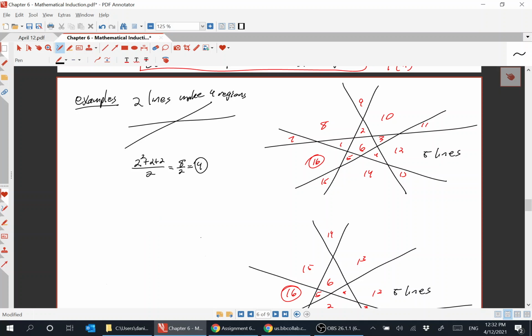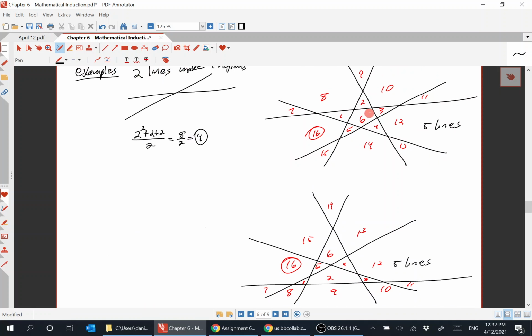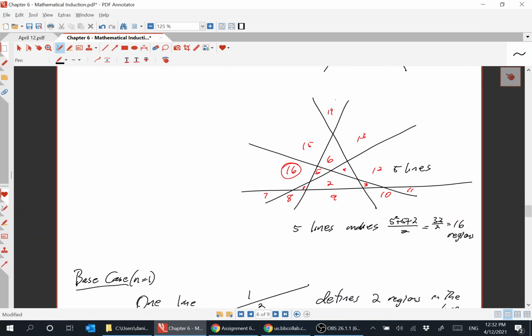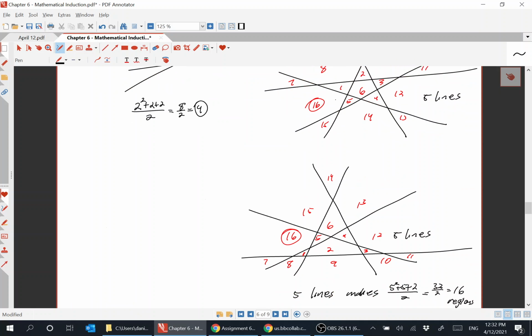But things change once you get to 5 lines. So 5 lines, it could look like that. You have this nice, neat little 5-pointed star in the middle. Or here, 5 lines could look like that. There's no 5-pointed star in there at all. But even though topologically they're different, geometrically they're different, the number of regions is still 16.